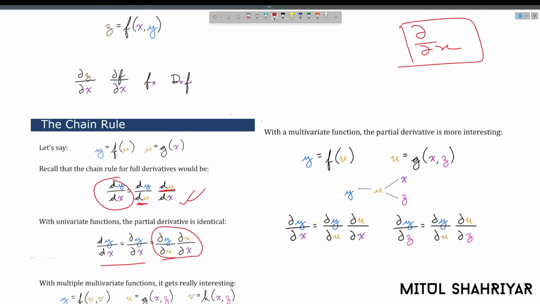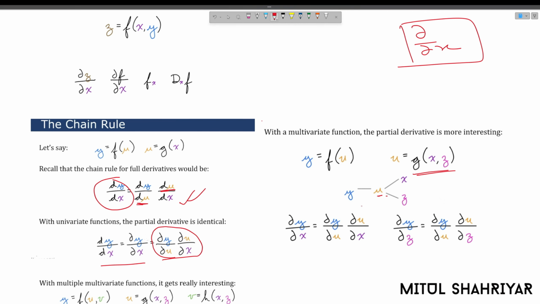Okay, again for the forward part, we learned something like that. We created something, right? y, u, x and z. So you see y equals f of u, right? So y is related to u, and again u is related to the variables x and z, so you can just write that.